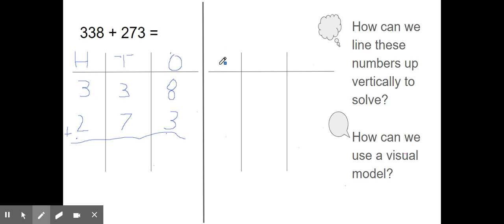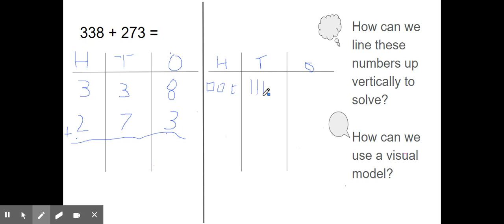Now let's model the problem using a place value chart. Hundreds, tens, and ones. 338 has 3 hundreds. 1, 2, 3. 338 has 3 tens. 1, 2, 3.